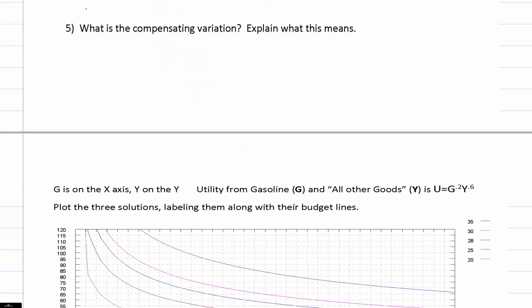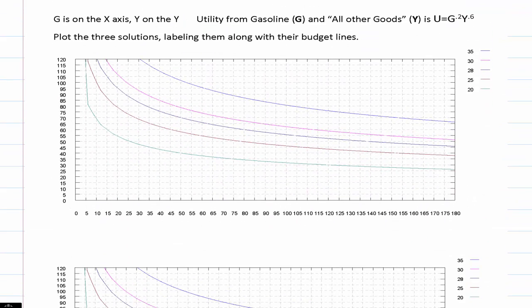Okay, so let's go to our graph with our indifference curve map here, our utility map. I've graphed 5 indifference curves here, with a little legend over here on the right hand side. I've graphed the indifference curves for 20 utils, 25, 28, 30, and 35.